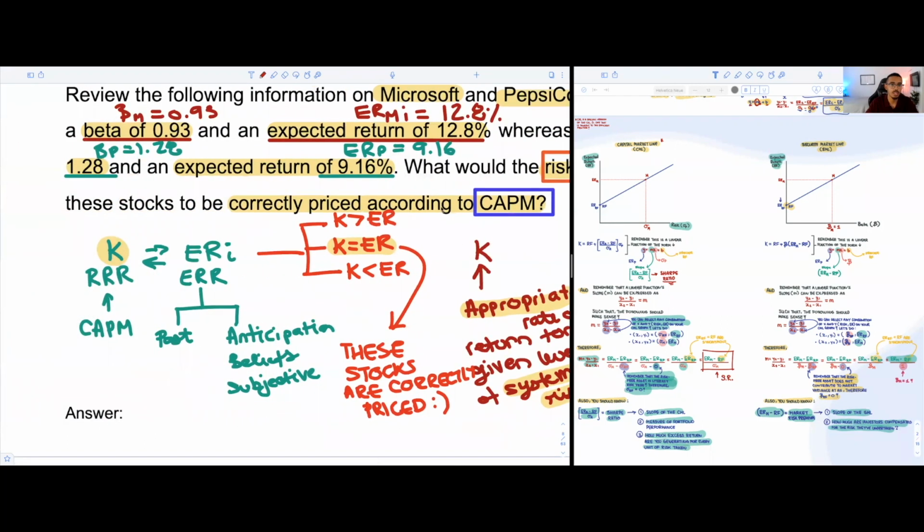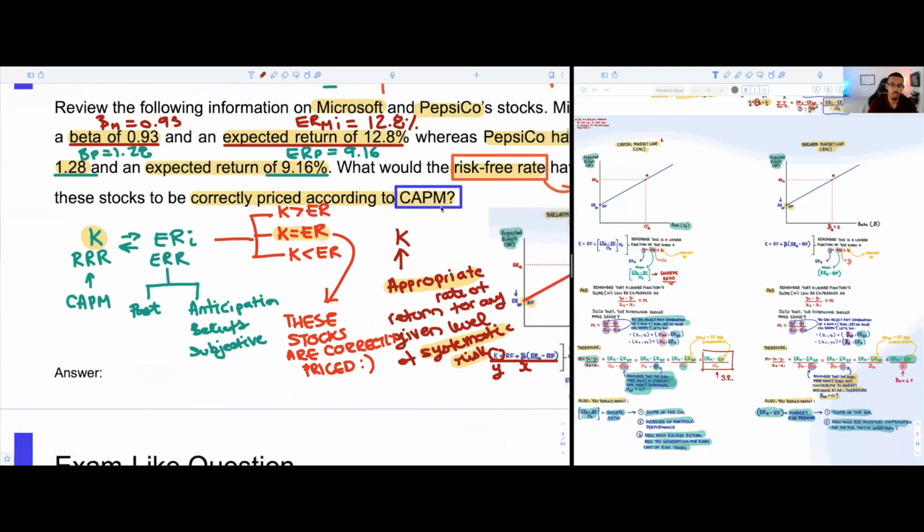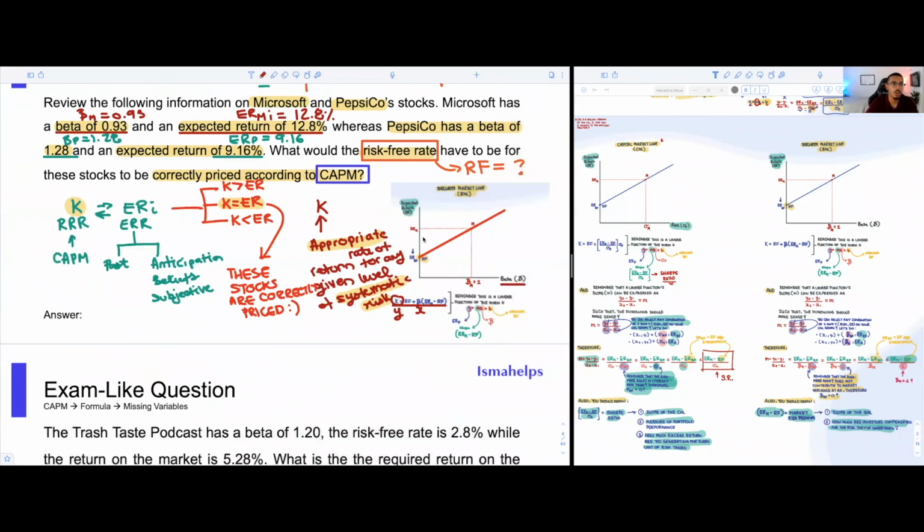Remember that our Microsoft stock had a beta of 0.93. So if beta is 1 here, we could say that Microsoft is probably right there. So we're going to call this MI. Okay? And we said that PepsiCo had a beta of 1.28. So it would be right here. This would be PepsiCo.